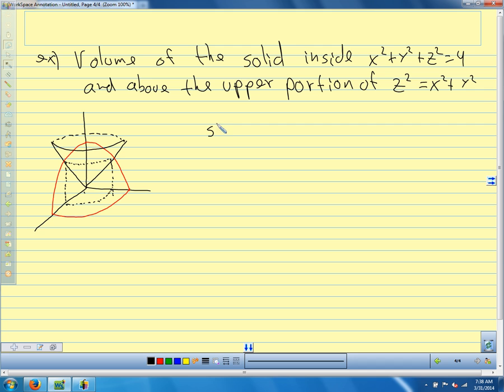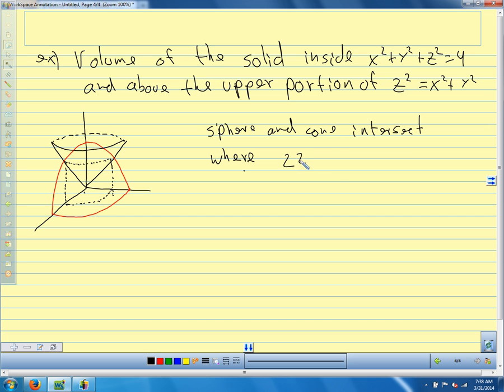So the sphere and the cone are going to intersect when I substitute x squared plus z squared for x squared plus y squared.